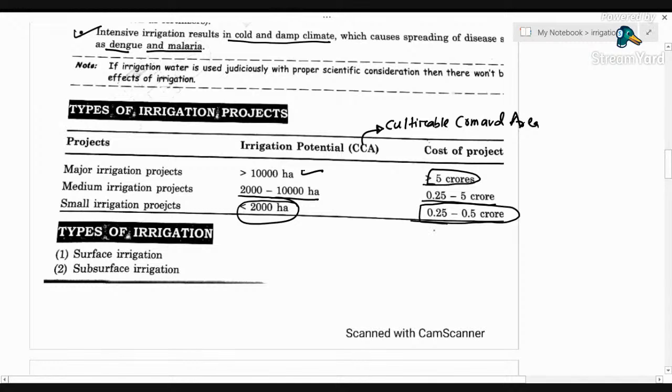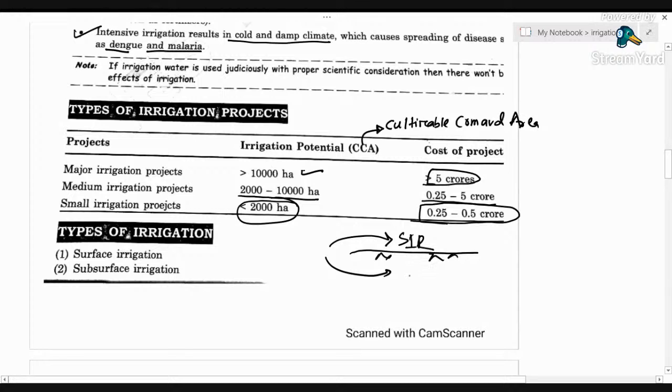Now, what are the types of irrigation? We know the irrigation project. So, what are the types? Suppose this is my ground. We can apply the water either to the surface or below the surface. Supplying water above the ground is called surface irrigation.